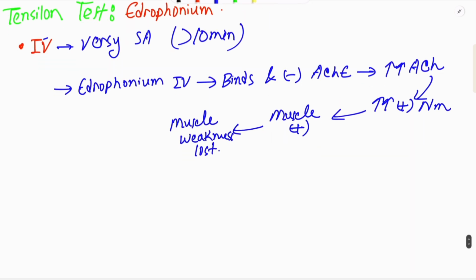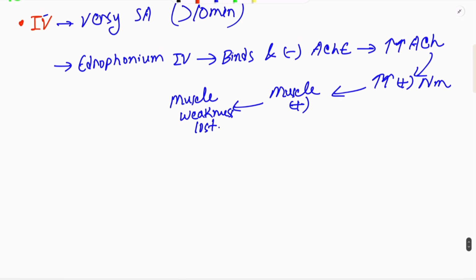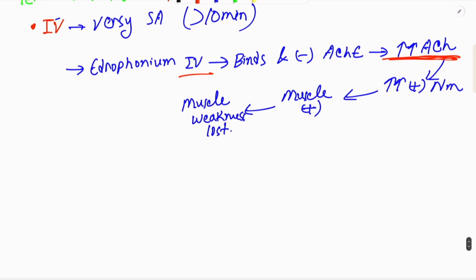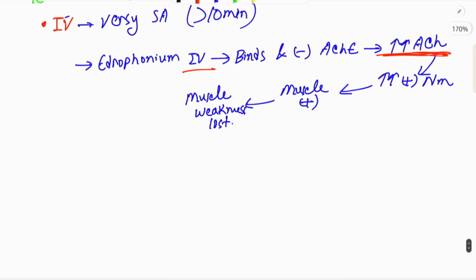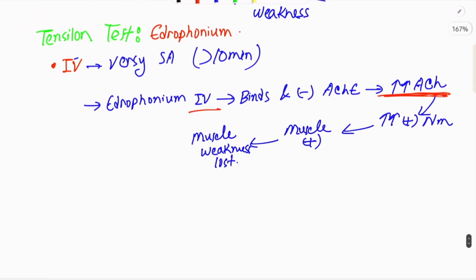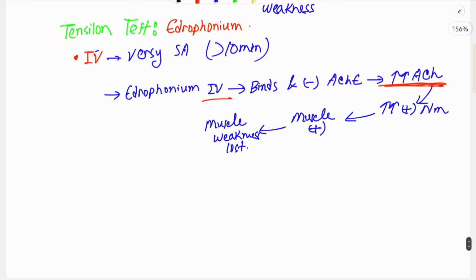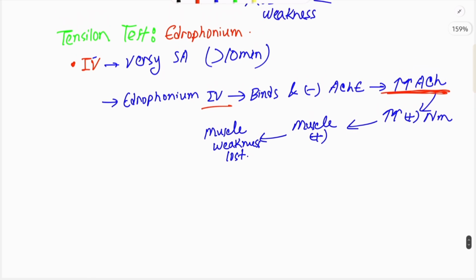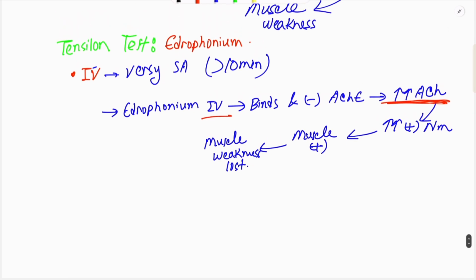But if the muscle weakness is due to cholinergic crisis, then giving edrophonium IV will increase the concentration of acetylcholine. In cholinergic crisis, there is already increased concentration of acetylcholine in the synaptic cleft, so that will worsen the condition, and the muscle weakness will be more if there is cholinergic crisis. So this is the tensilon test, which is required for differentiation between myasthenia gravis and cholinergic crisis.